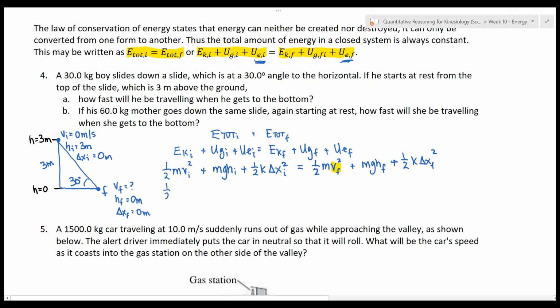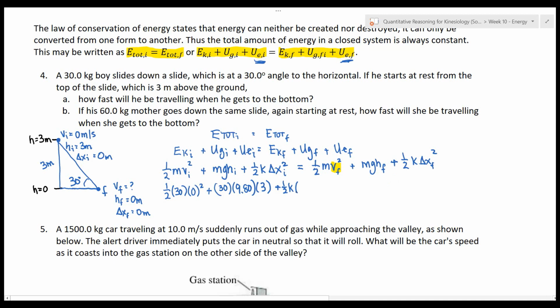So I have 1/2 my mass. My mass of the object is 30 kilograms. V initial is 0 squared plus my mass is 30. G is 9.80. H initial is 3 meters plus 1/2. My K, I don't know what it is.